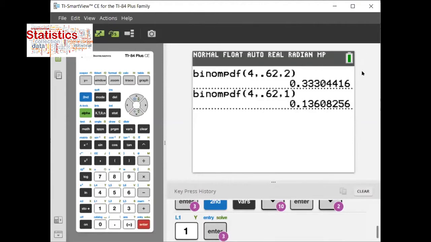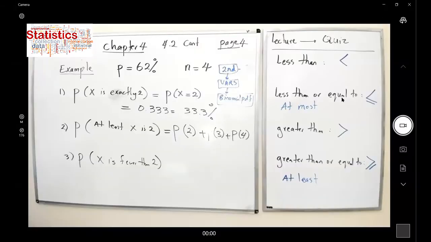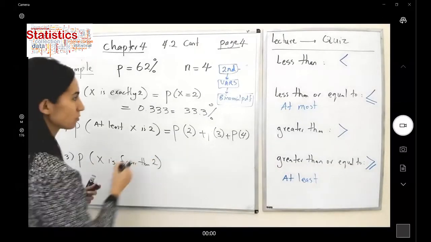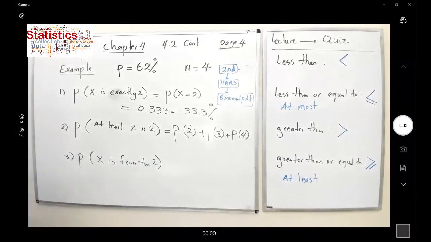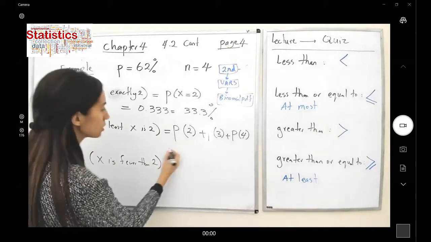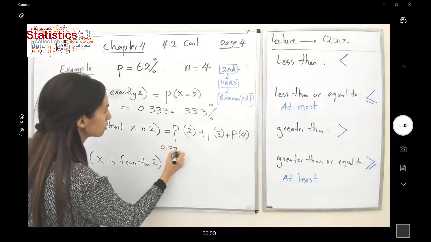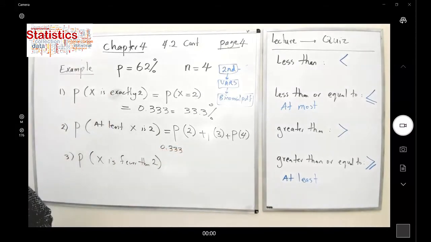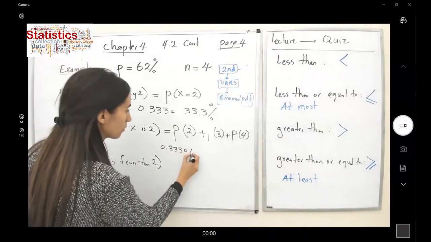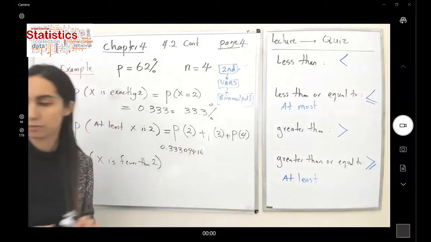We can write the rest of it to have a precise value. We don't need 1, we need 2. This is 0.333, 0.4416.